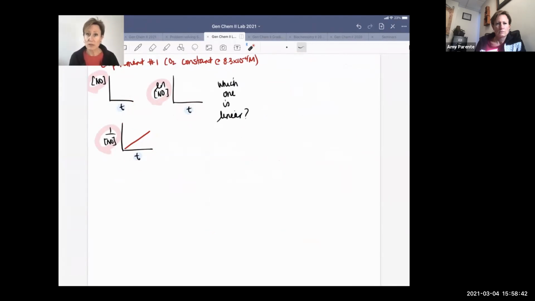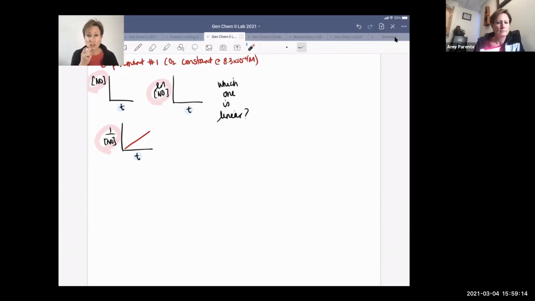Time is always going to be on our x-axis, but we're going to have one plot where we look at the concentration of NO directly, and then the ln of the concentration of NO, the natural log of the NO concentration, or inverse NO concentration, 1 over. So you need to create these data sets and then learn how to plot them as scatter plots in Microsoft Excel and see which of these data show you a straight line.